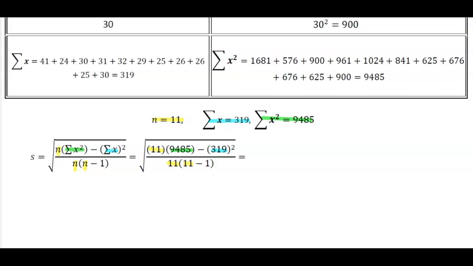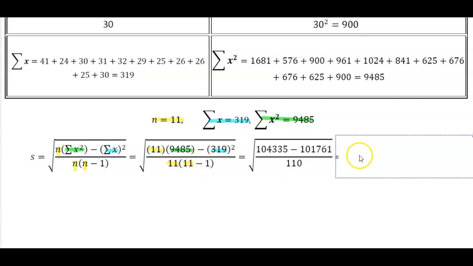Doing this piece by piece, 11 times 9,485 gives us 104,335. Minus 319 squared, which is 101,761. And 11 times 11 minus 1, which is 10, gives us 110.